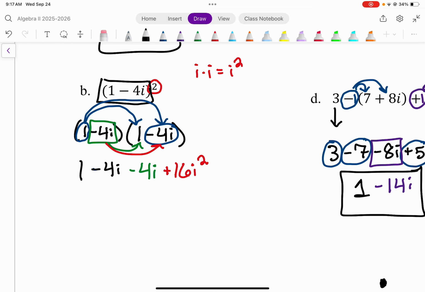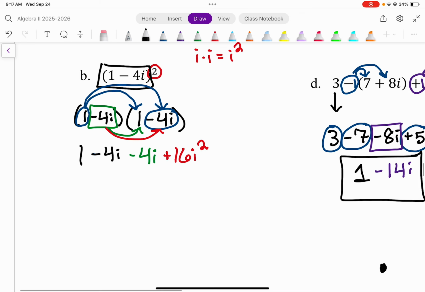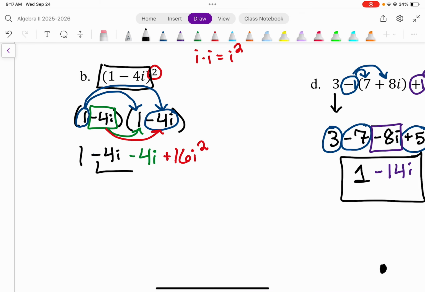After you FOIL, then you're going to simplify as much as possible. So these two terms in the middle, negative 4i minus 4i, we are going to get negative 8i. And we should know that i squared is equal to negative 1. So anytime you see that i squared, we're going to replace it with a negative 1.